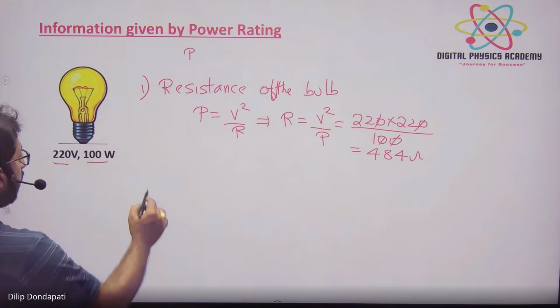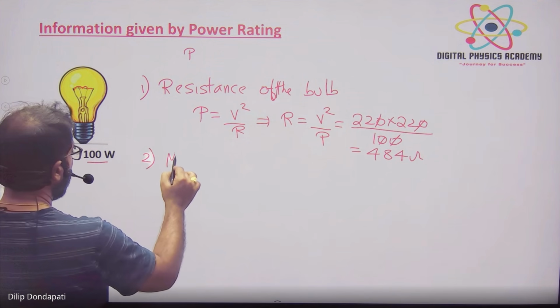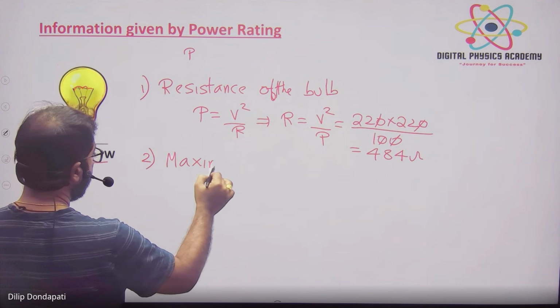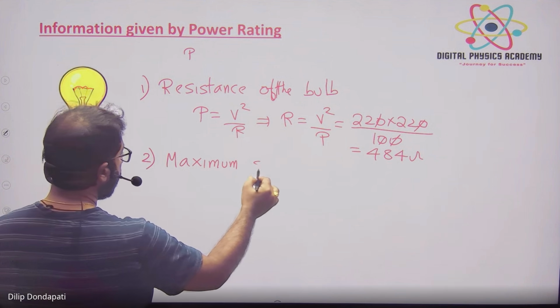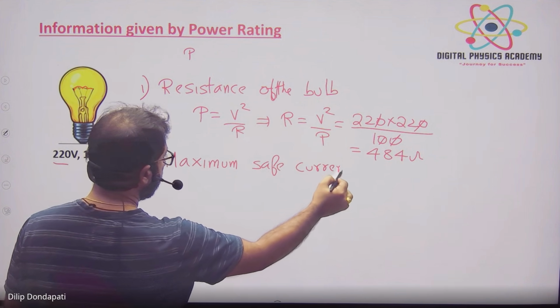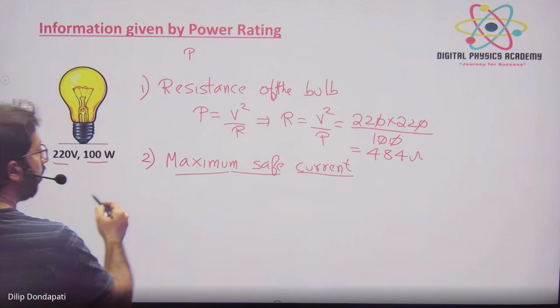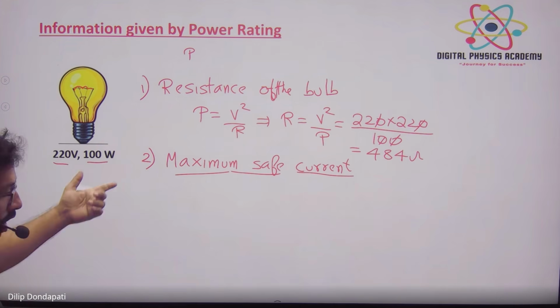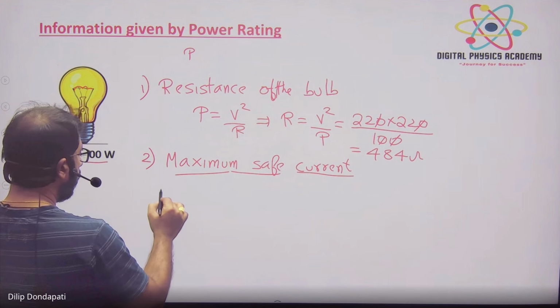Second one is maximum safe current also we can find. Okay. So we know the formula P is equal to VI.